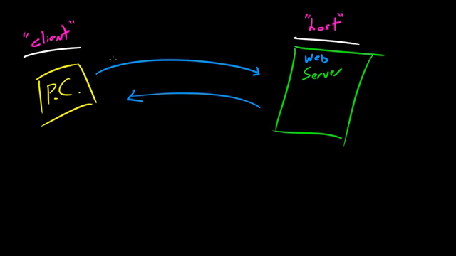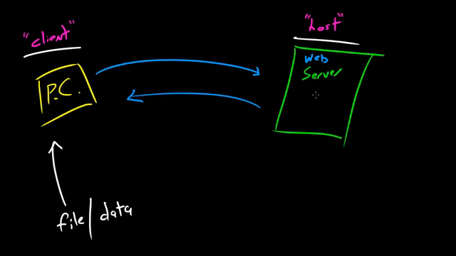Well, you can remember this because whenever a computer, your PC, gets a file, it's called the client. And you remember this because whenever a client goes into a business, the client is the one who's getting the service. The client gets the stuff, and in computer networking, they get either a file or data of some sort.